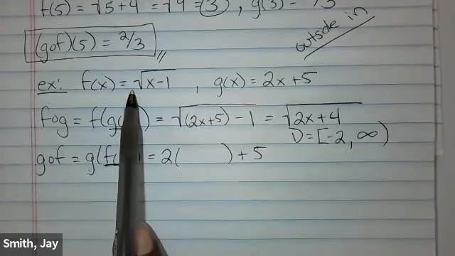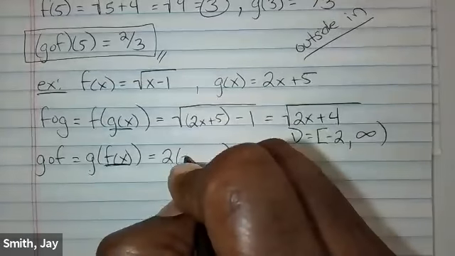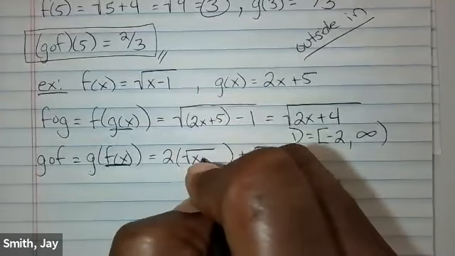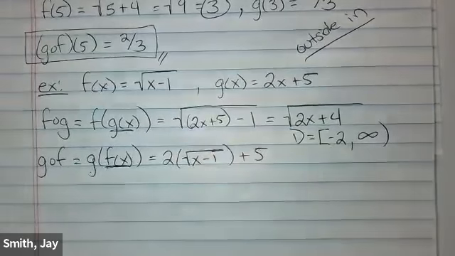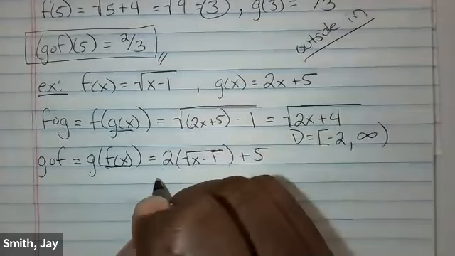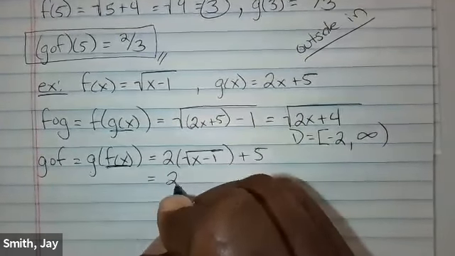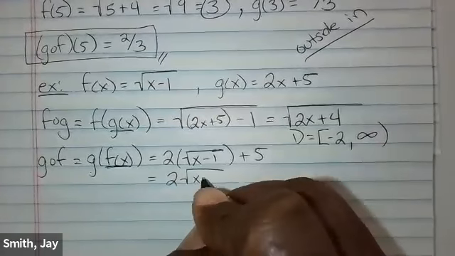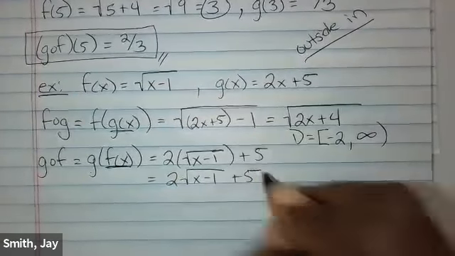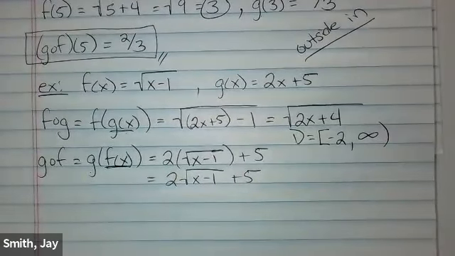Remember, f of x is the square root of x minus 1. So g composed with f of x ends up being 2 times the square root of x minus 1 plus 5. We don't have any like terms to combine. There is no simpler way of writing that.